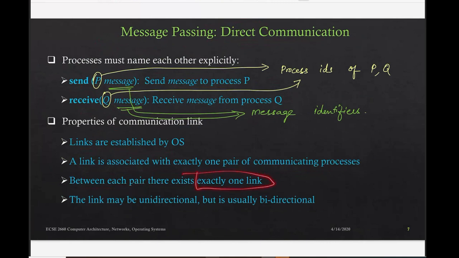There are no more than one links in the case of direct communication. And the link may be unidirectional, but is usually bidirectional. So bidirectional allows the user to send messages either way. Unidirectional will not do that. And there are ways to see how you can make a communication unidirectional versus bidirectional. And we'll take a look at some example code to go through those scenarios.